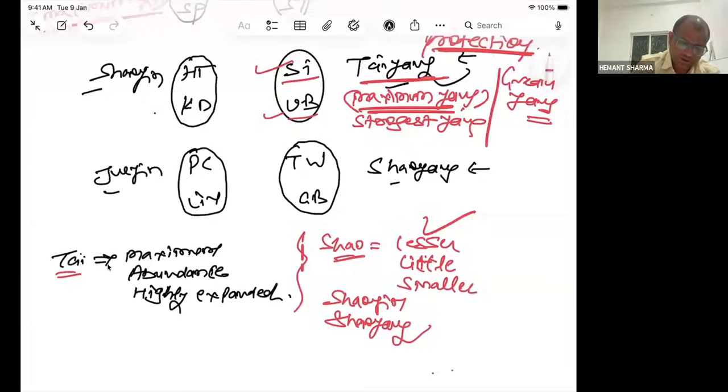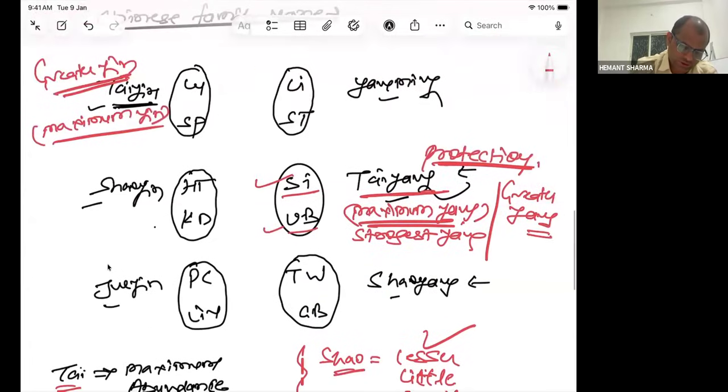So now, if we look here, Shao yin means lesser yin, heart and kidney.